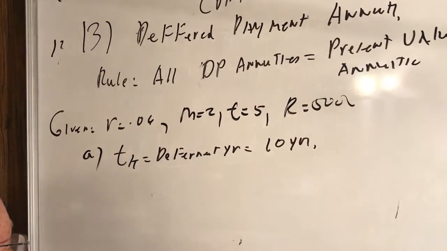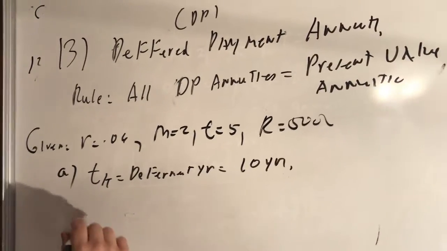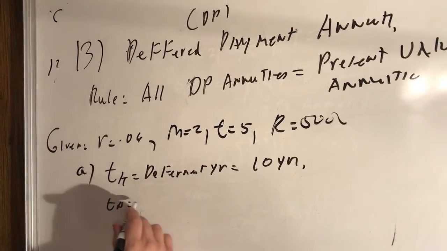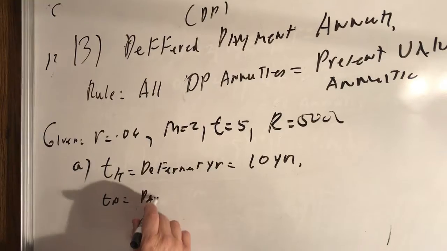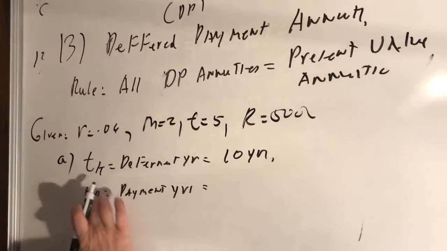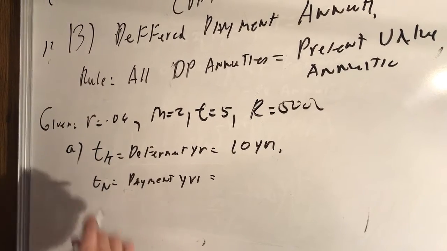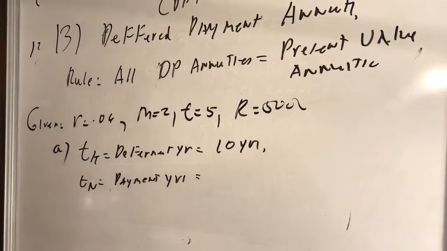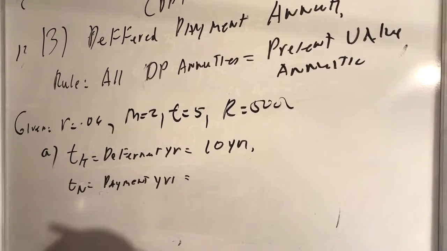All right, now the payment period, payment years, not the period yet, T of n, the payment years is 5 years.